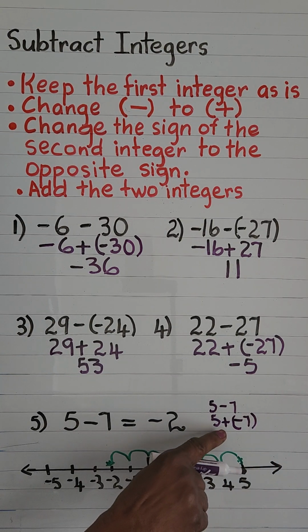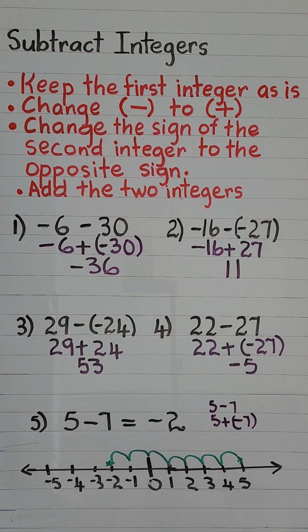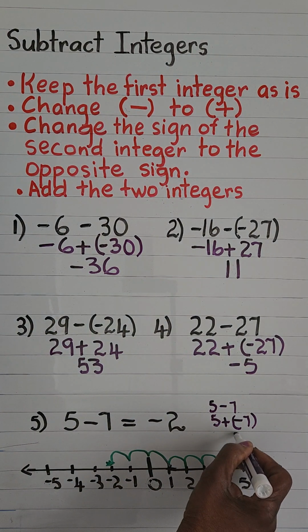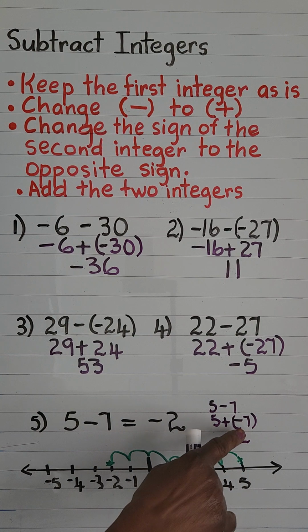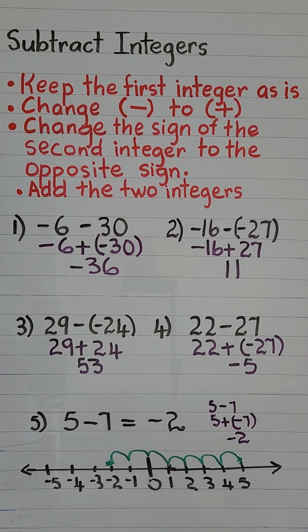Now we're adding. We have two different signs. When we're adding and we have two different signs, we're going to subtract. 7 minus 5, 2. And then we keep the sign of the larger number. So whichever way, whether we follow the 4 simple steps or the number line, we arrive at the same answer.